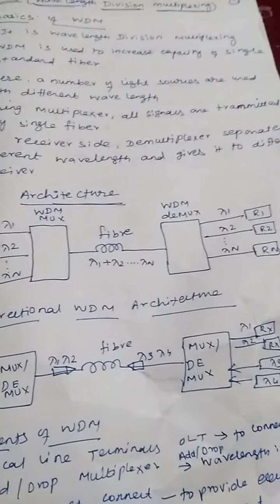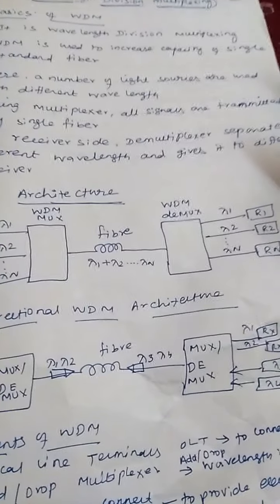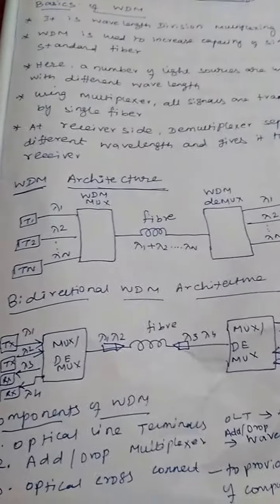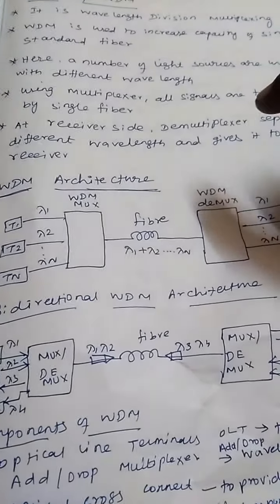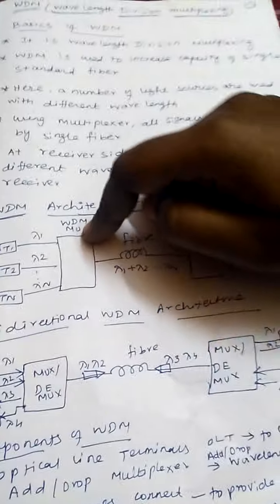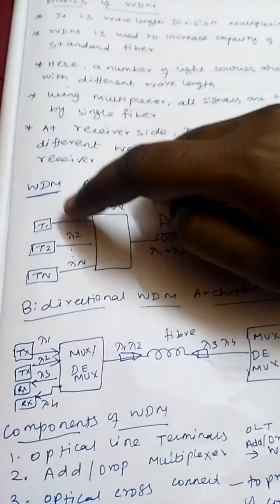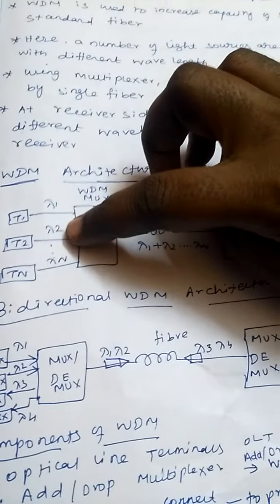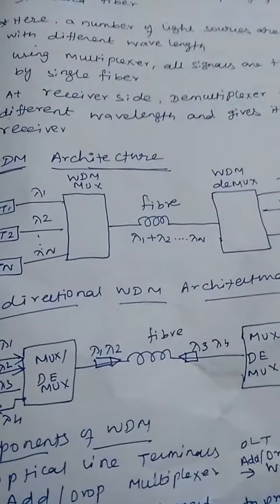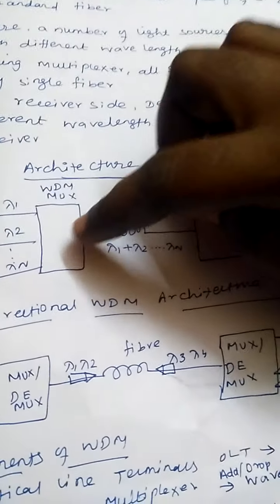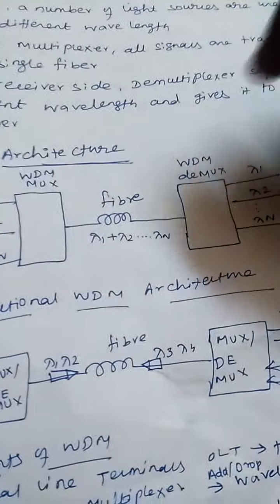Now I can show the WDM architecture. In the transmitter section we use a WDM multiplexer. At the input, we connect the signals T1, T2, Tn, with wavelengths lambda 1, lambda 2, lambda n. Through the fiber we send the signal from transmitter to receiver.